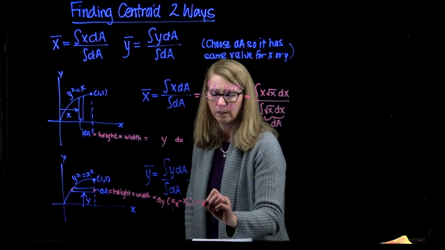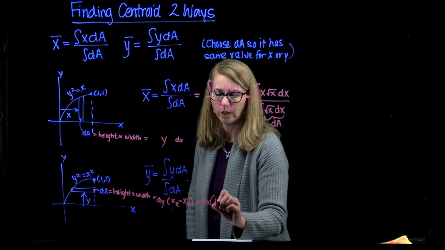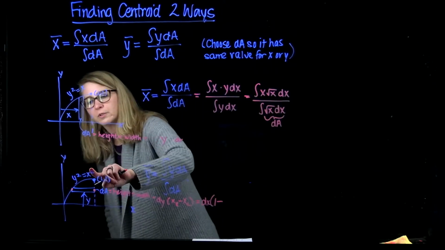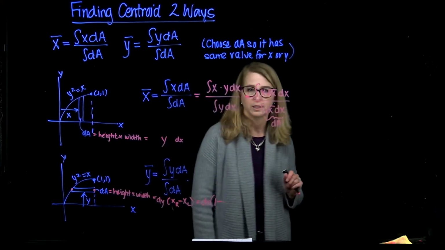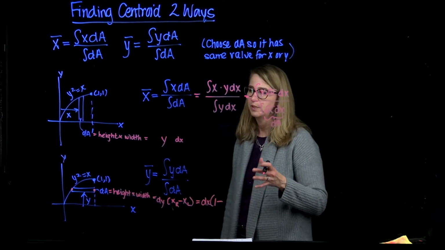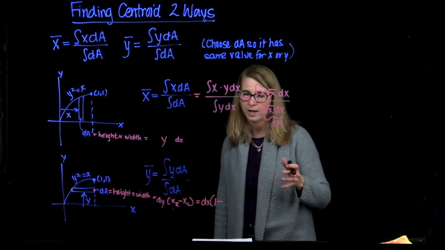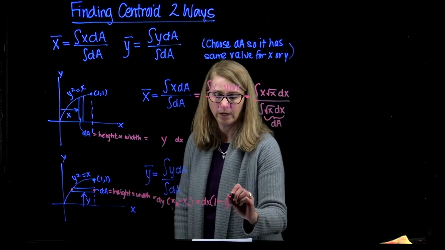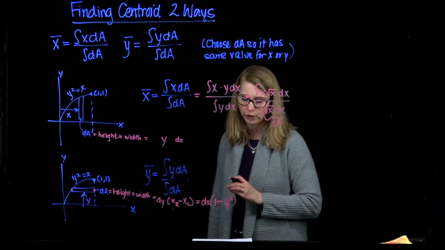So it's 1 minus the value of x on the left-hand side, which is also related to y, and so I can write it as y squared, because it's bound by the curve.